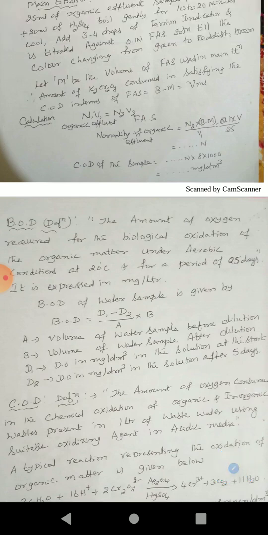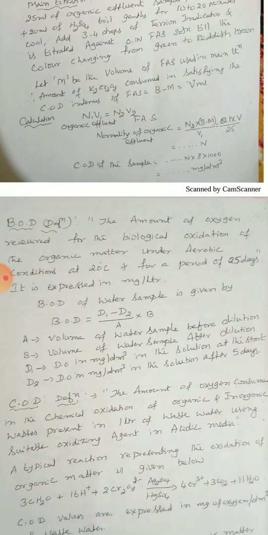Here we are finding the normality of effluent, so N1 equals N2 into V2 divided by V1, where N2 is the normality of the FAS solution and V2 is B minus M, the volume of K2Cr2O7, divided by the volume of water sample. This equation gives the normality of the effluent sample.